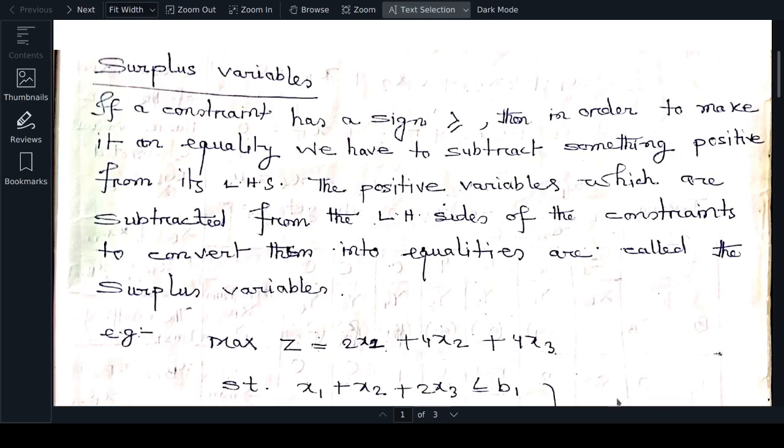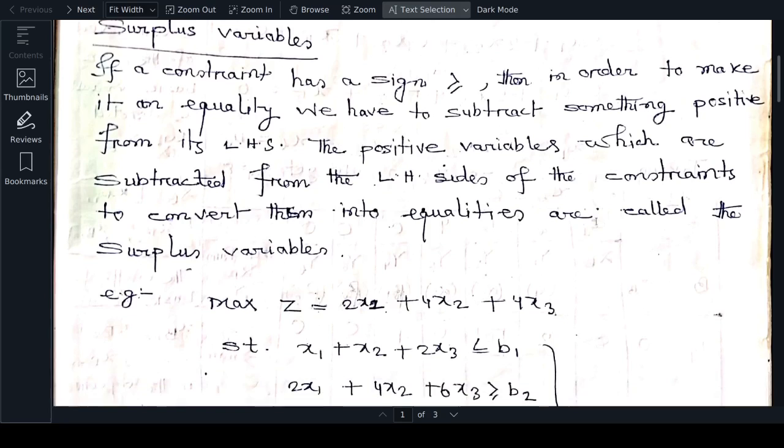To make it equality, we subtract something positive from the left hand side of the problem, then this makes it equal, means equality. Such a variable is called a surplus variable.